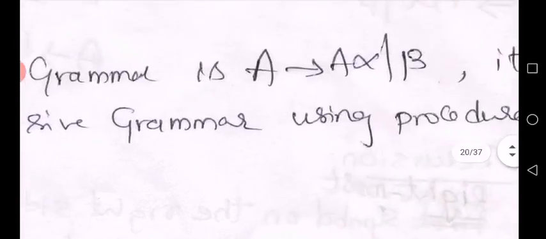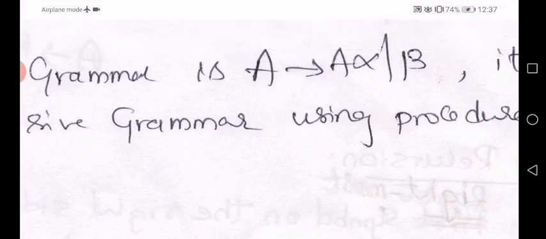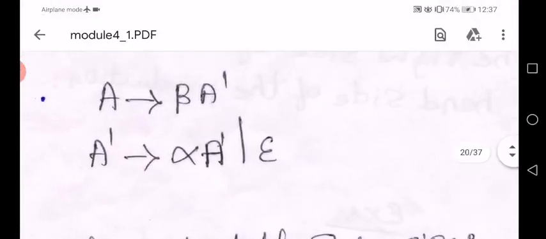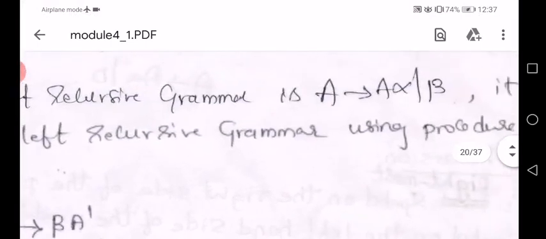Now, if I apply A derives A alpha continuously, what will be the possible output? A alpha the first time, then A alpha alpha, then A alpha alpha alpha, and it continues like that. At last you only get A followed by alphas.